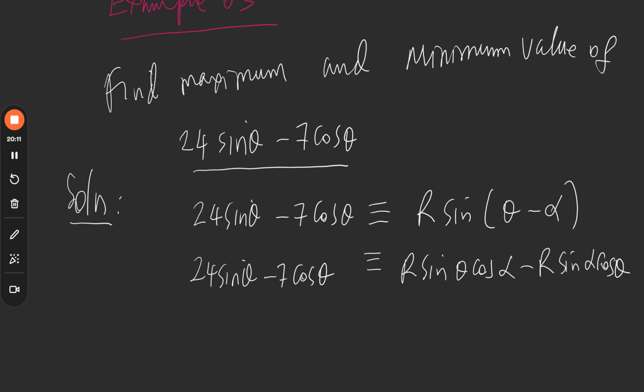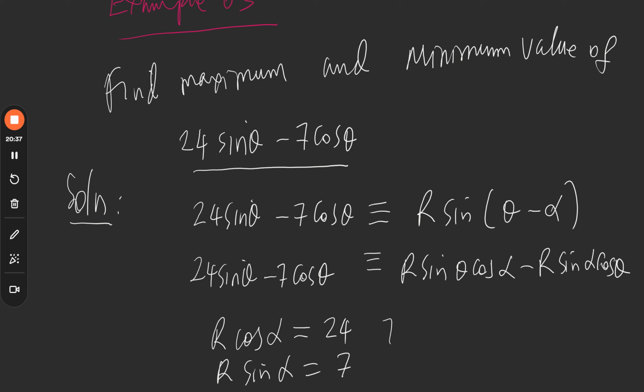So when you compare the two expressions, we see that r cosine alpha is equal to 24, and r sine alpha is equal to 7.